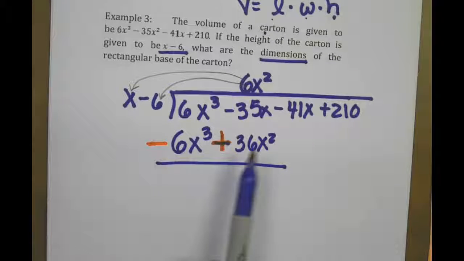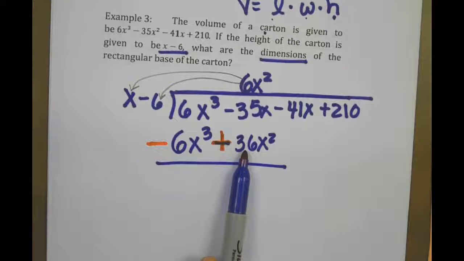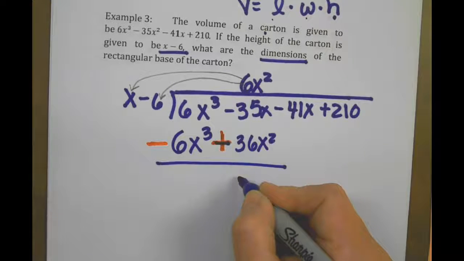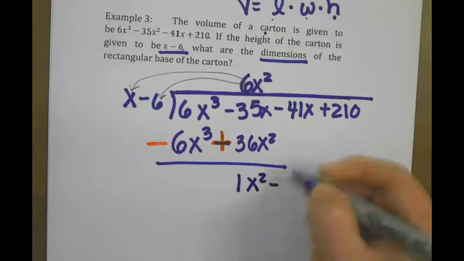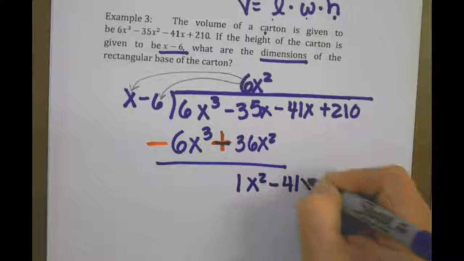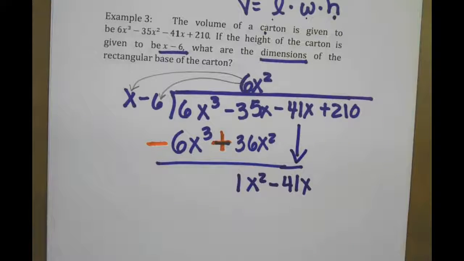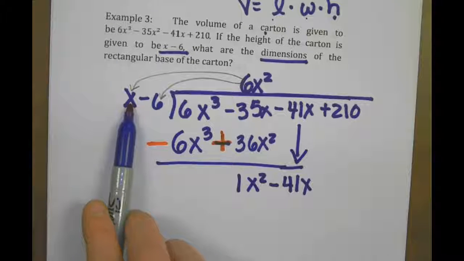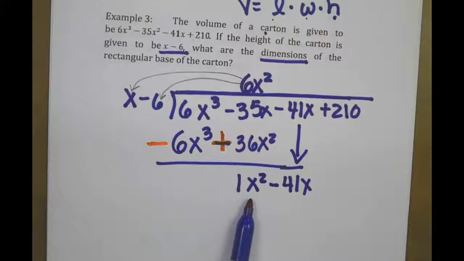Everybody clear on where I got the 6 and the 36 from? Add the column, and you get, bring down the next number. Oh, that's easy. What do I need to multiply x by so it would equal x squared?